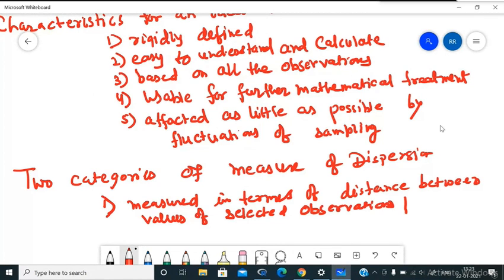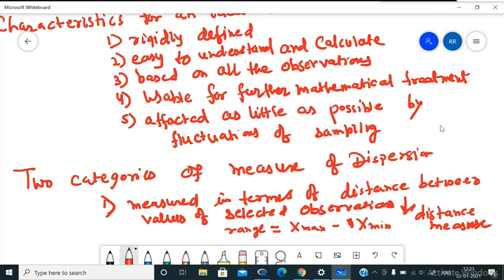It is also known as distance measure. An example of this measure is range, which can be defined as x max minus x min.